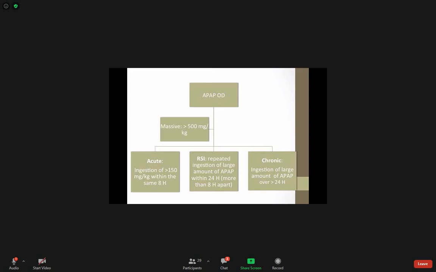So we call it staggered or repeated supratherapeutic dosing. Or chronic overdose: if the patient took acetaminophen over more than 24 hours, that's chronic overdose, okay? It is important because in the acute overdose, we can use the nomogram and we can treat the patient according to the nomogram. In this situation, we don't use the nomogram, okay?